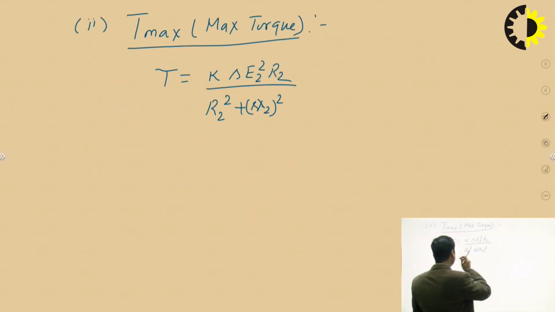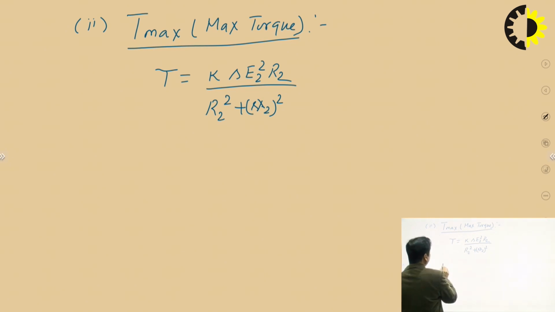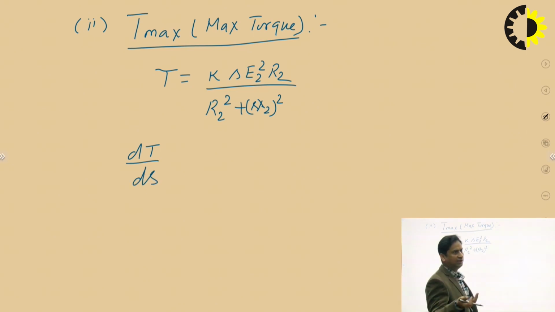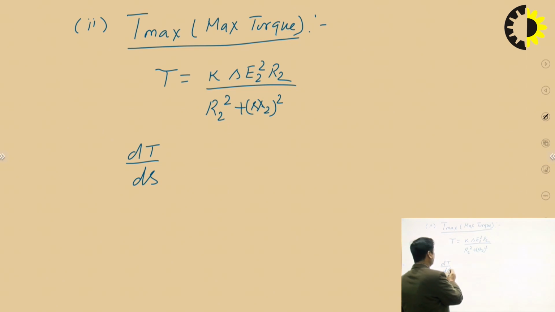Now you have to find the maximum torque from here. It means we need to differentiate this with respect to S, because slip is changing as the rotor is running. So differentiate and equate to 0.